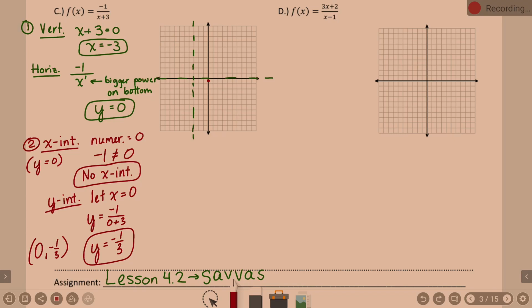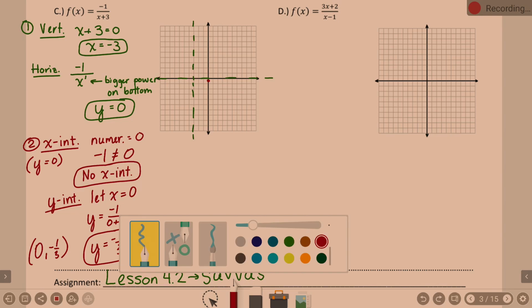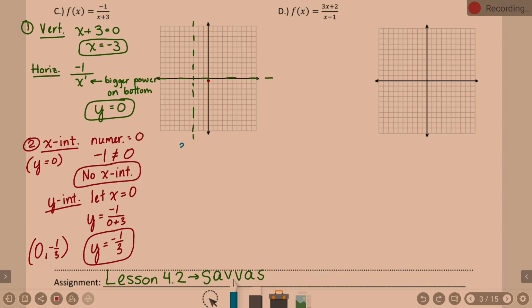Because where do we know one piece of our graph is going to be? Lower right, yes? Where are we going to assume the other piece is going to be? Upper left. Now, how can I prove that to you? If you have any question in your mind, you can pick some other points and plug them in and see what happens.